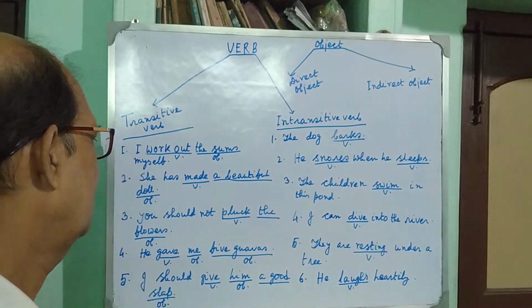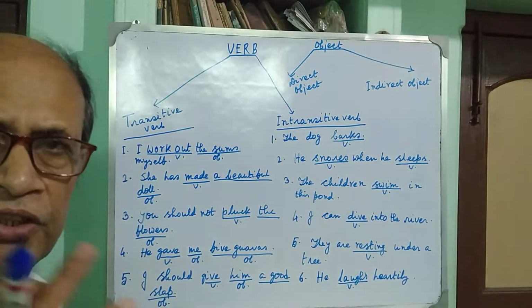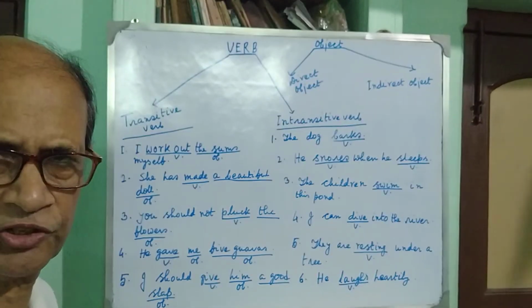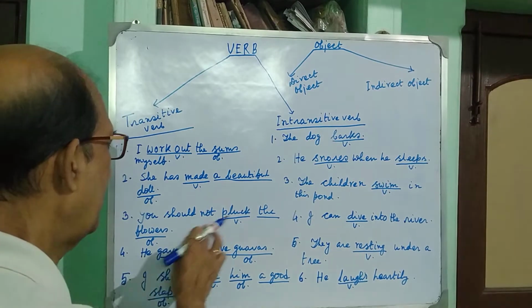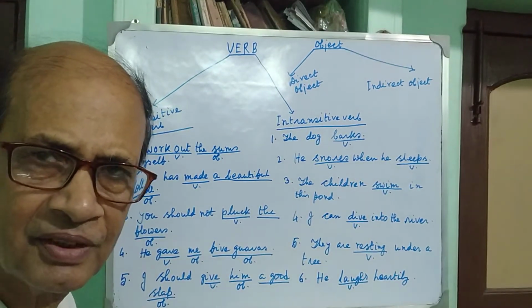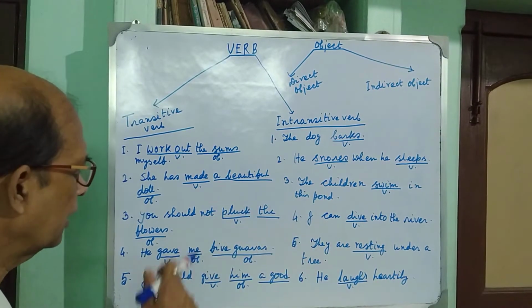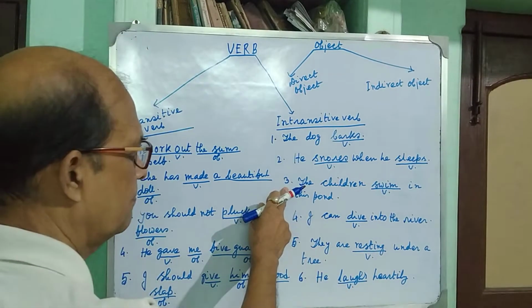By what? The answer is the flowers. So the flowers is object and pluck is the transitive verb. Clear?